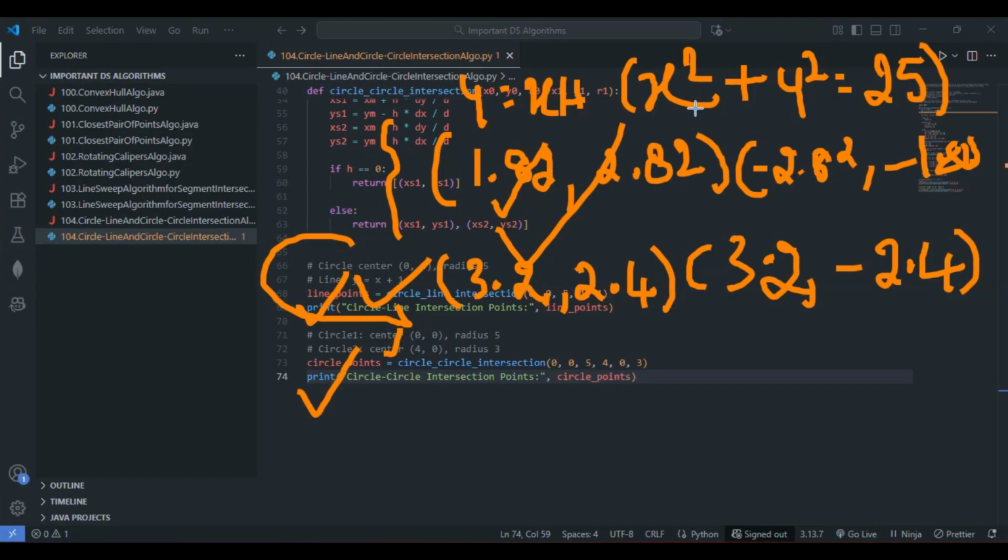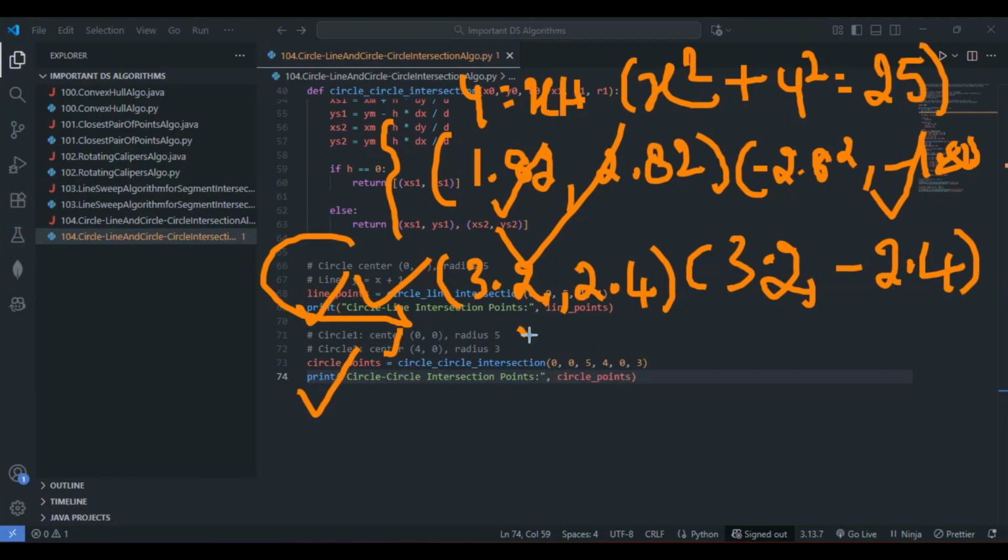Anyways, this one, x square plus y square is 25, at 2 points, which is almost equivalent to (1.82, 2.82) and (-2.82, -1.82).